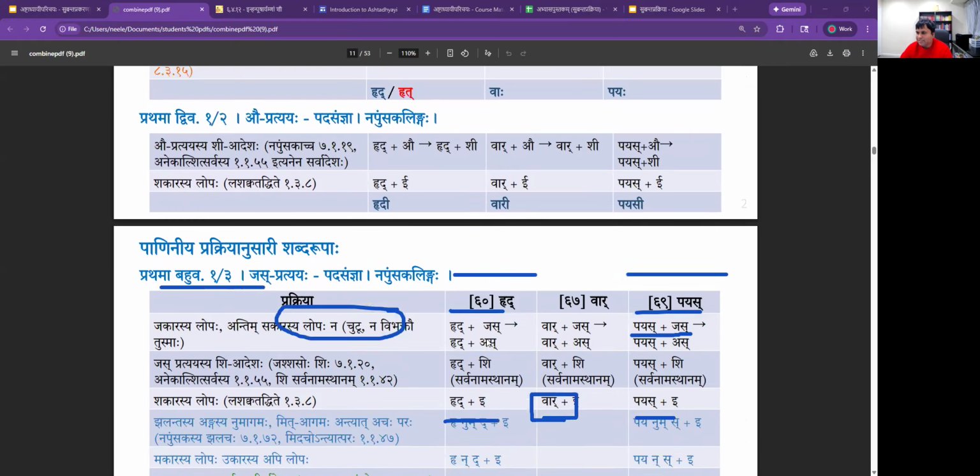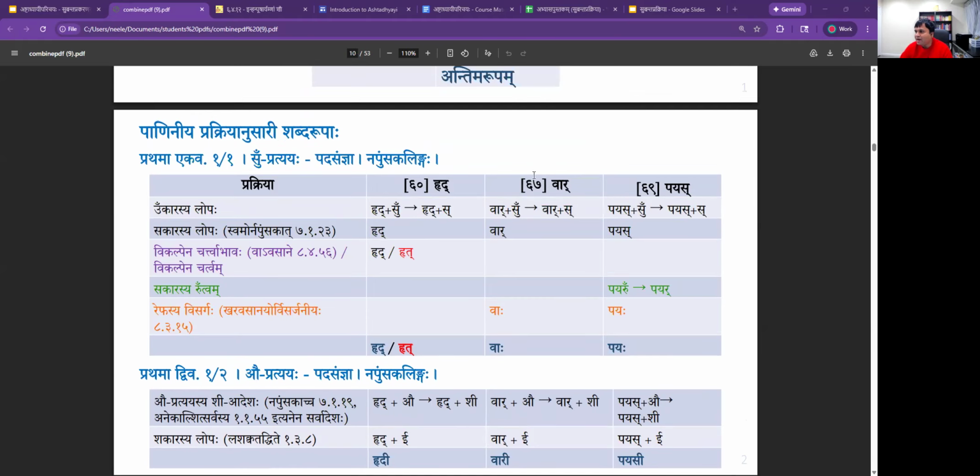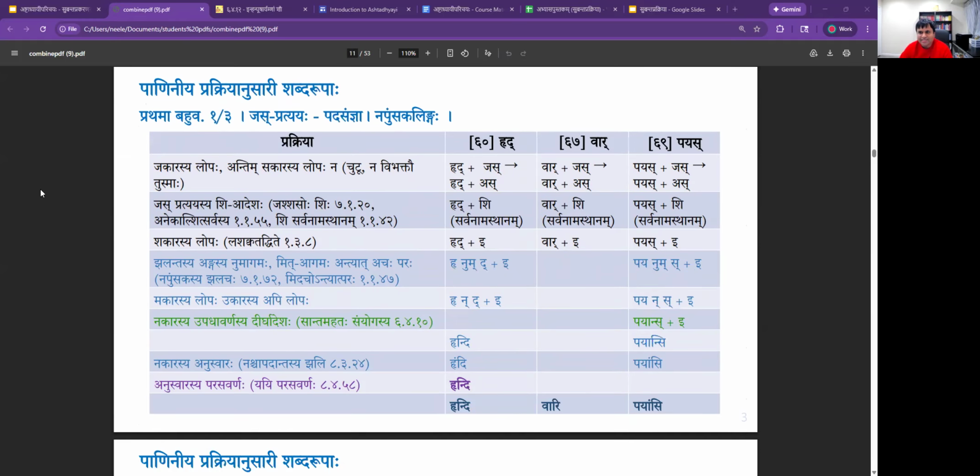Correct. So let's step back. In the previous example, var and payas were in one group where a visarga was generated. Rud was in a different group. We moved to jas and suddenly the words changed the parties. Now rud and payas are in one group because there is a numagama, and var is in another group because there is no numagama. More interestingly, you see three combinations over here. Var: no numagama, no upadhadirgha.